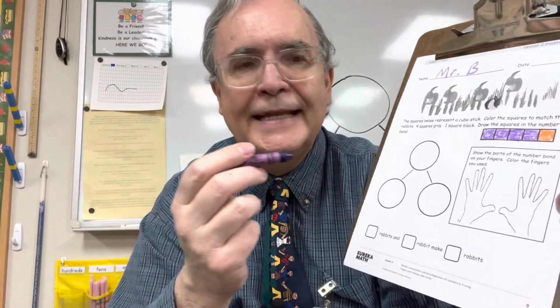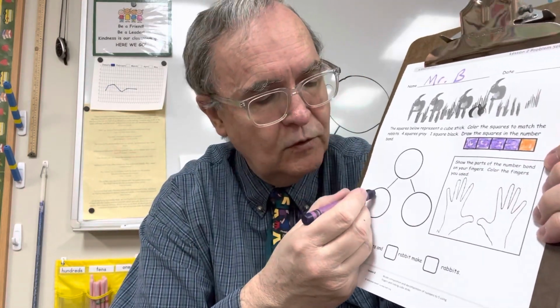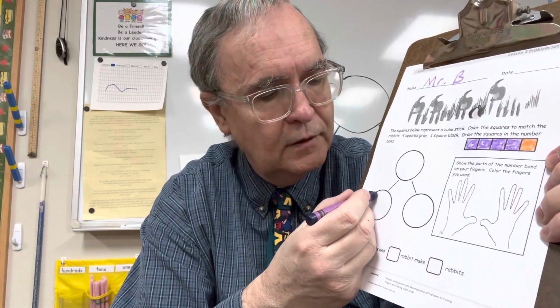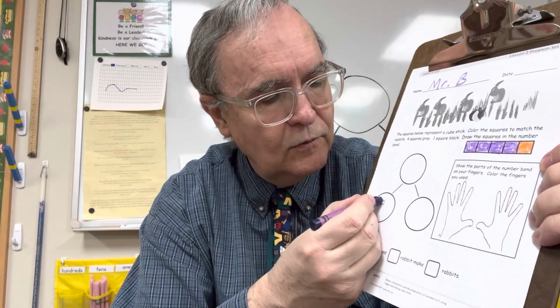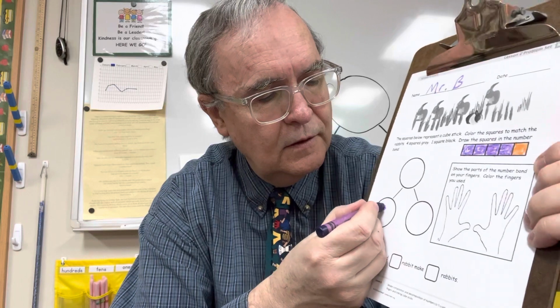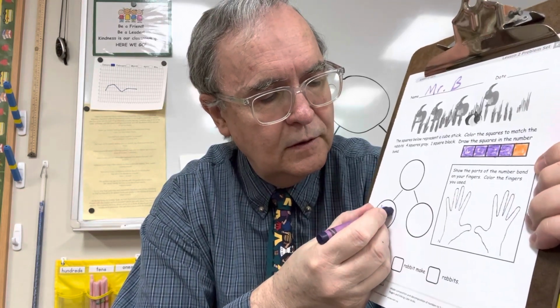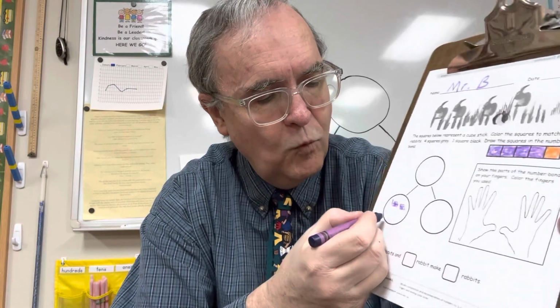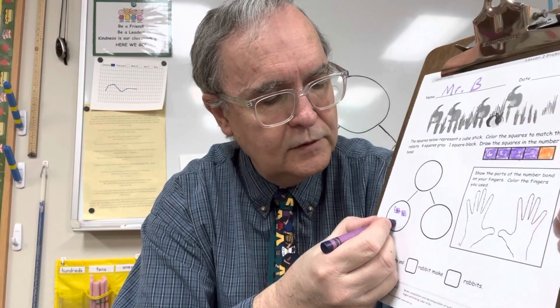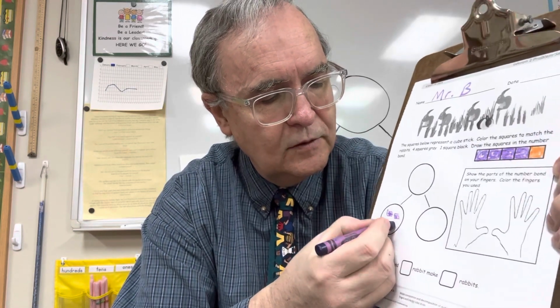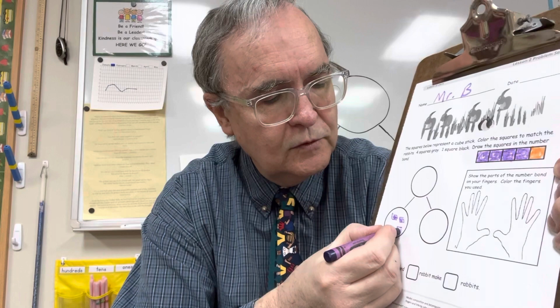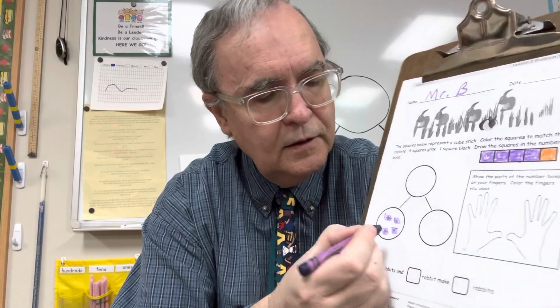Okay, now how many, oops, let me get my purple again. How many were sitting up? 4. So I'm going to draw 4 squares, just like I did on the other worksheet. 1, 2, you do the same, draw 4 squares. Not too big, because these are pretty small circles. This part here is 4.